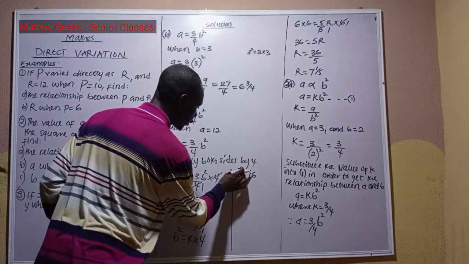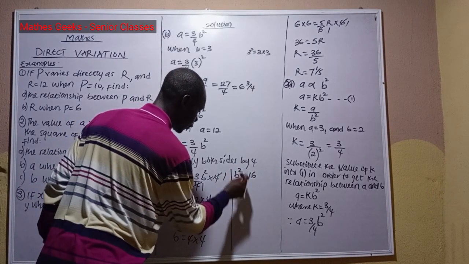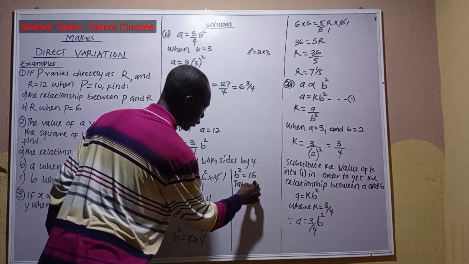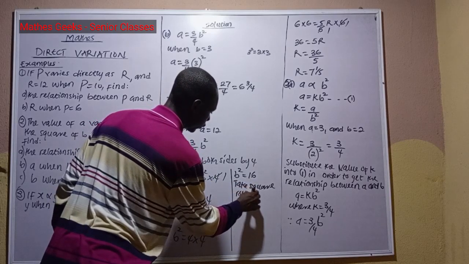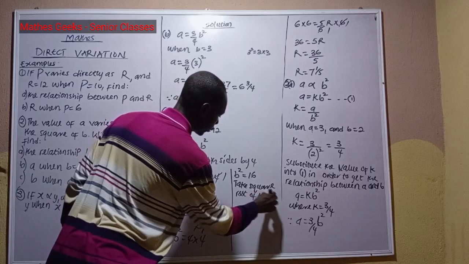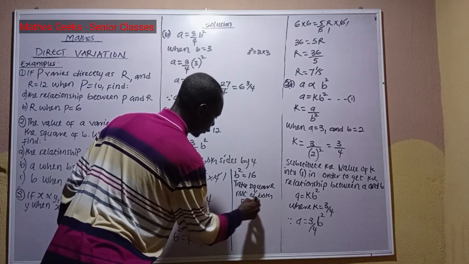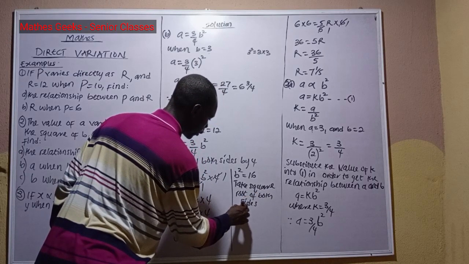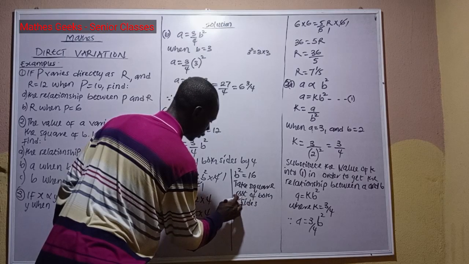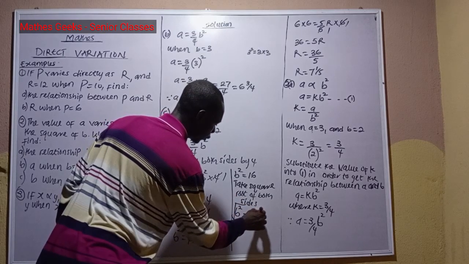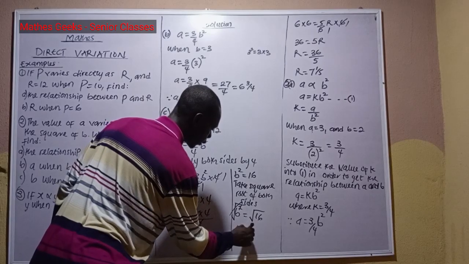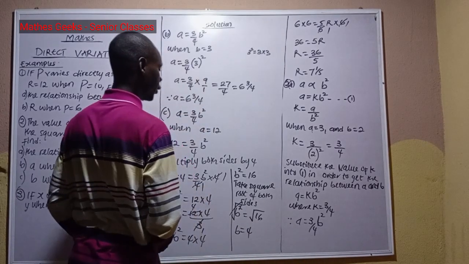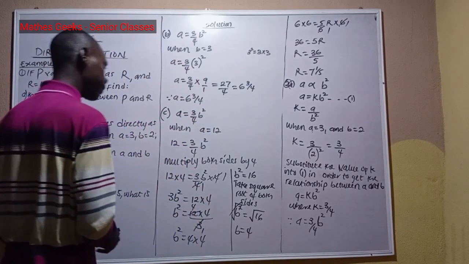To eliminate the square, take the square root of both sides. So B is equal to the square root of 16, which is 4. So B is 4.